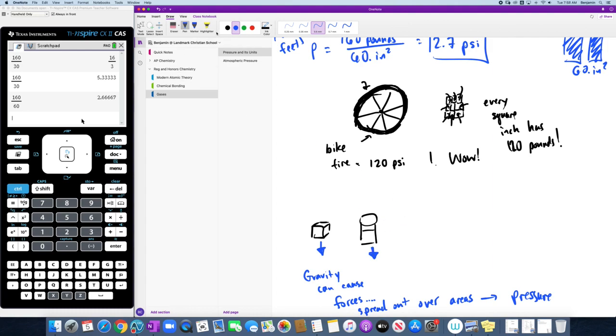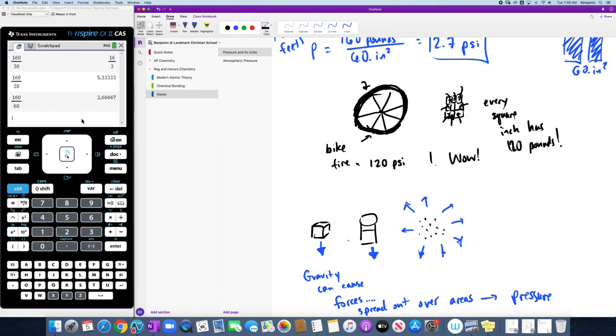But if you have something in the gaseous state, this is important to recognize. It's made up of a bunch of particles. These particles are moving in all sorts of directions. And so gases exert pressure on their own in all sorts of directions. Okay.